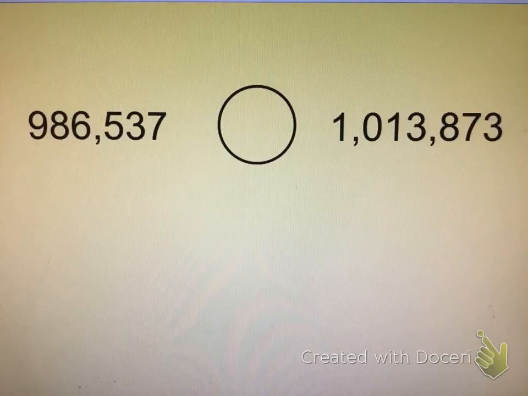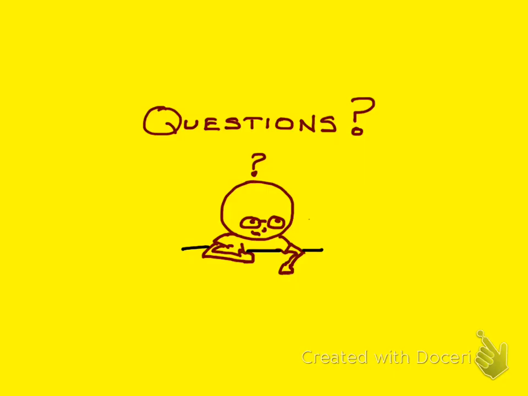Suppose I need to finish this statement. We proved when we stacked them that the 1,013,873 is greater than 986,537.